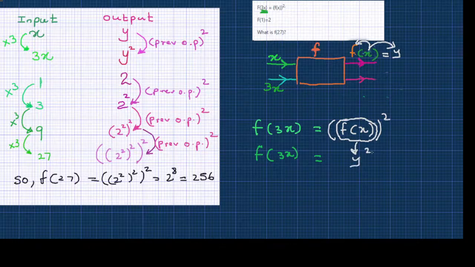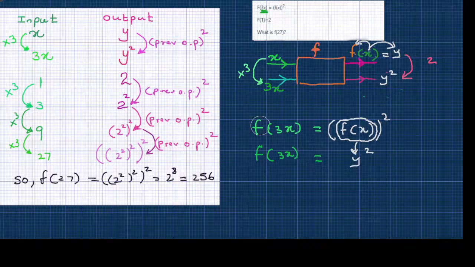So when we insert 3x to the machine, what would come out of the machine? Y squared. So now see the pattern. It's x, here it's times 3. What has got to the output? The previous output is getting squared.